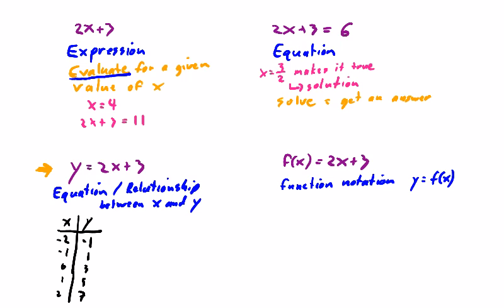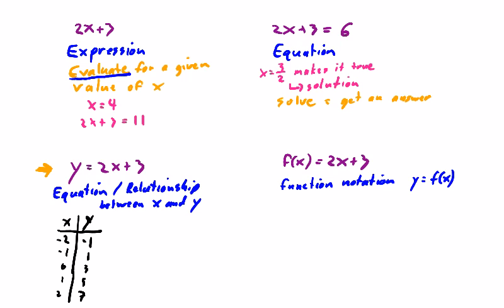So there's a relationship. For every x value you give to me, I can give you a y value back, or it would be a little more complicated, but if you gave a y value to me, I could give you an x value in return. And once again, I have focused on integers here, but you could give me any value that's an integer, rational number, or irrational number for x, and I can come up with a value for y.